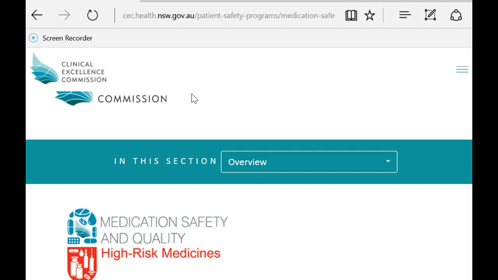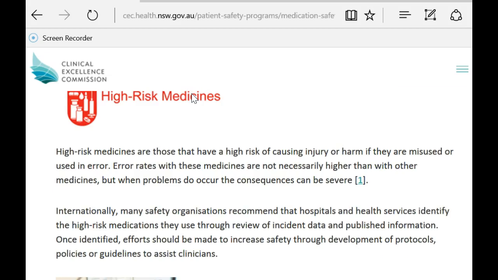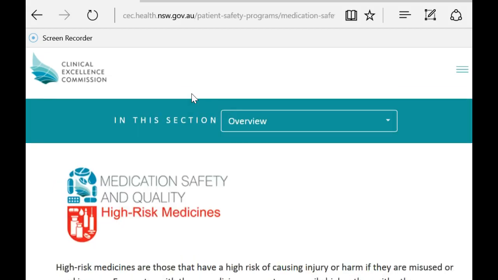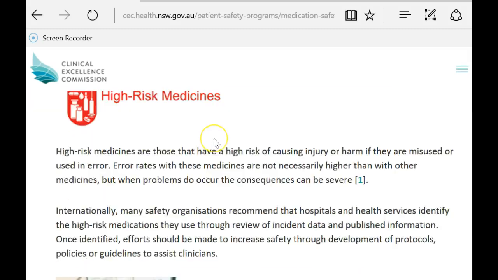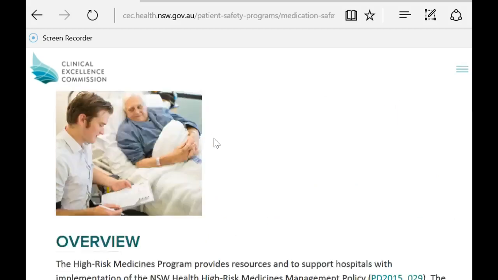And that's the importance of reporting clearly when near misses or mistakes occur at work. They gather data and then they can make policies and recognise, for example, which medications are particularly risky. So they've got a whole section here on medication safety and quality, and some good information on some of the high risk medications that have come across their path.